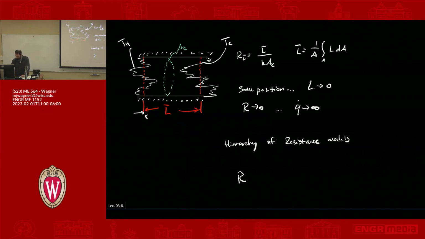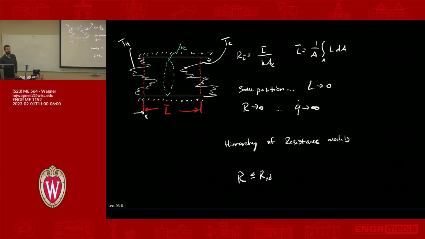Let's first consider the adiabatic model, where part of the area is not participating. Is the adiabatic model overestimating or underestimating the resistance? It's overestimating the resistance, right? So R is less than or equal to R adiabatic.